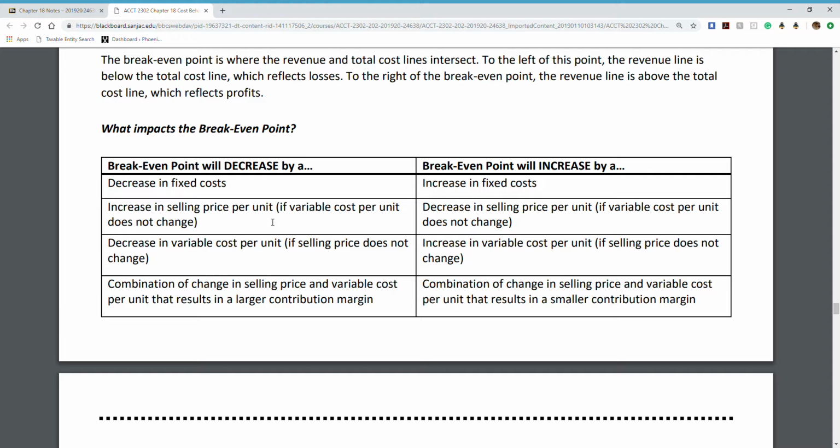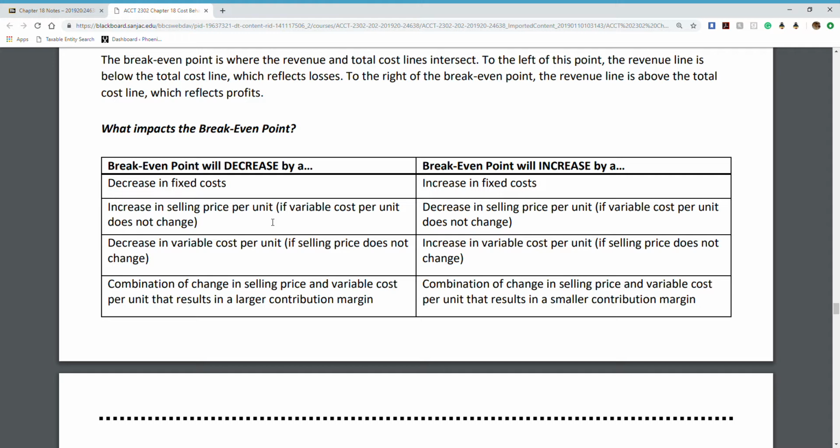Also, there is a decrease in variable cost per unit if the selling price does not change. So, if either variable cost or selling price does not change, but the other one does, if selling price increases or variable cost decreases, it can lower our break even. Of course, any change in sales price or variable cost that results in a larger contribution margin lowers it.